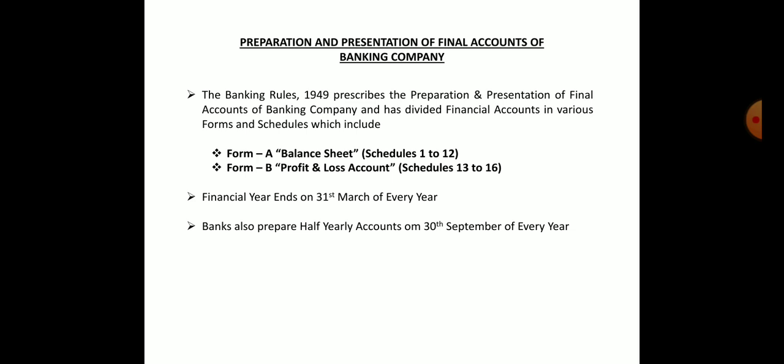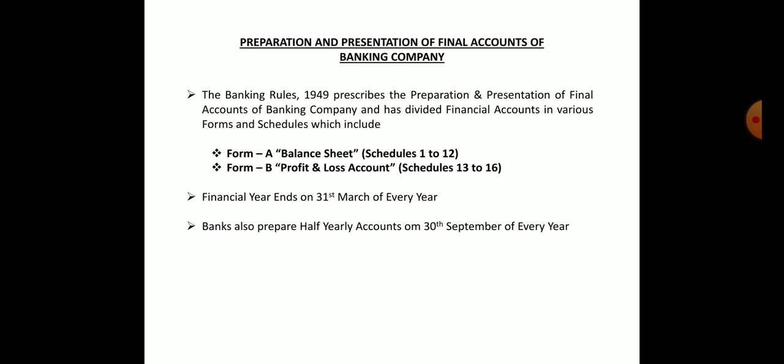Basically, a bank must get a license from the RBI before acting as a banking company, under the Banking Rules of 1949. And there is an Act prepared by the RBI in 1934 and 1935.